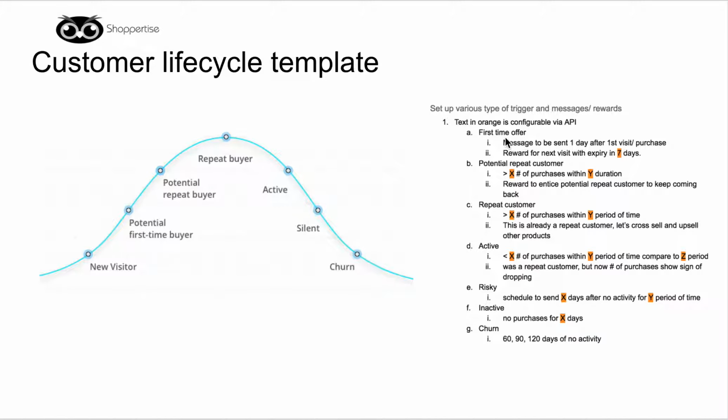So after a certain number of days, the text in orange is actually configurable for different clients. So from here, I can configure that. The system will send an automated message 1 day after the first visit or purchase. So assuming you sign up today, the next day I can send you a message. It could be a SMS, it could be a WeChat messaging, or it could even be email marketing.